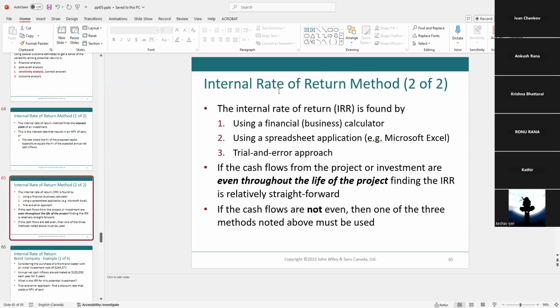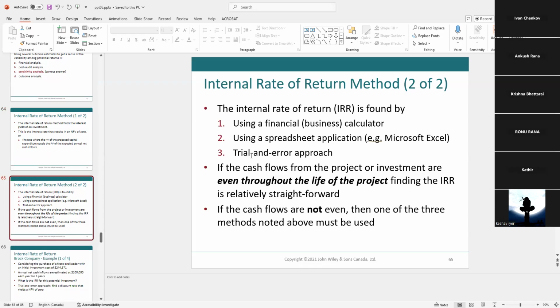The internal rate of return is found by using a financial business calculator, like the one I gave you in class, or the spreadsheet approach, which is Excel, which I showed you today.